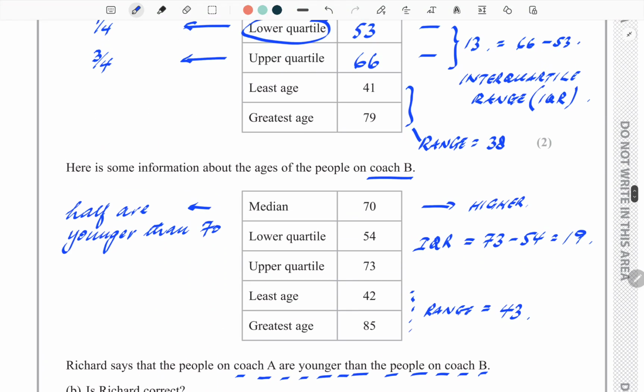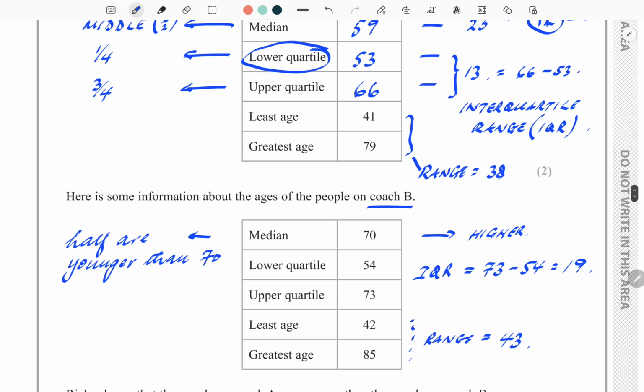You can see that the range in coach A is 38, and the range in coach B is 43. So straight away, the ages of the people in coach B are more spread out than in coach A, so they vary more.